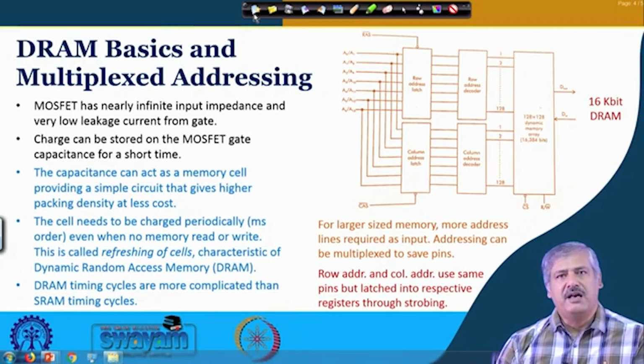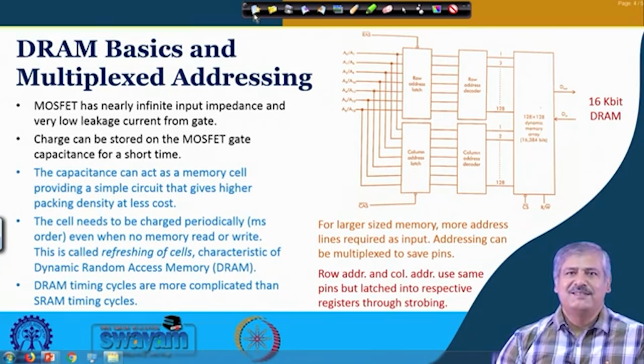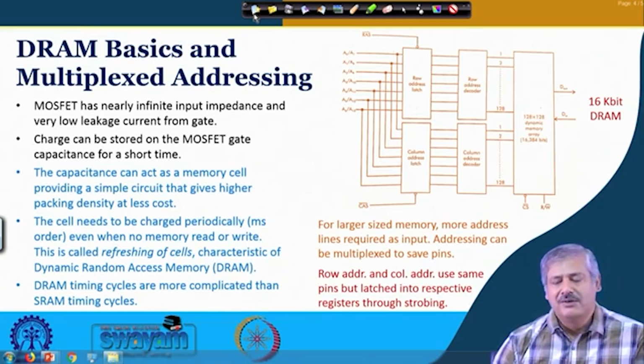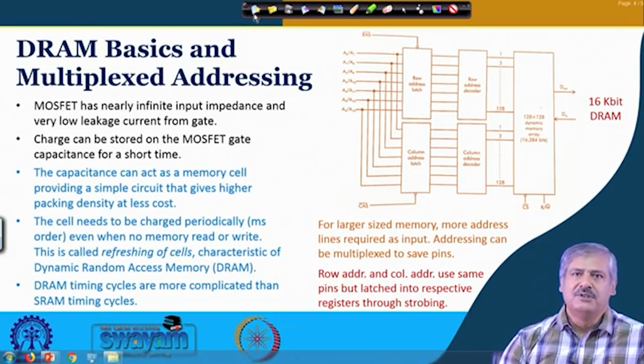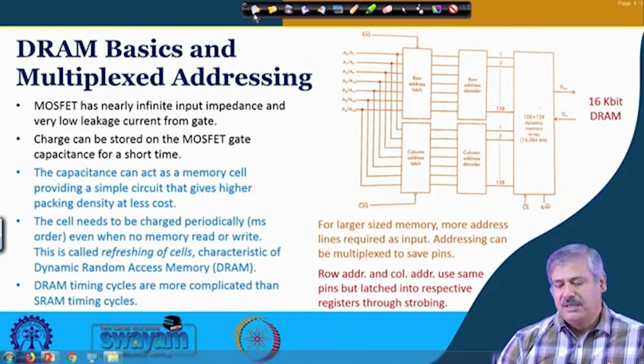When it becomes higher, the number of pins required to access the memory also becomes larger. These additional pins require higher cost. So, the concept that we can use in some such devices is the multiplexing of address lines.